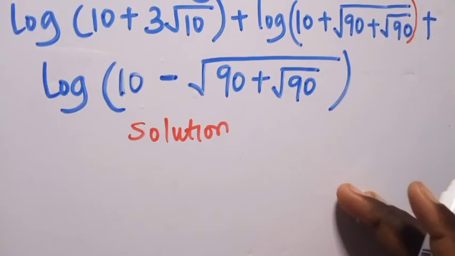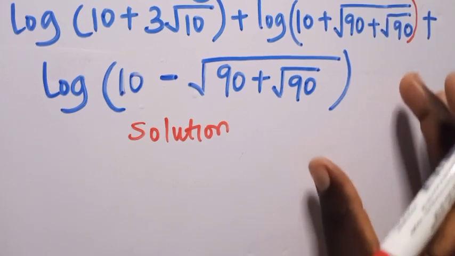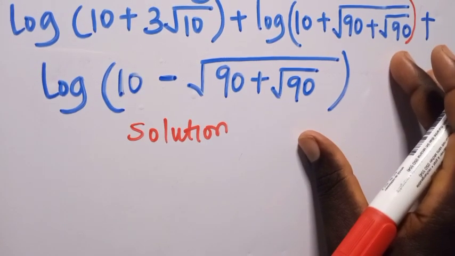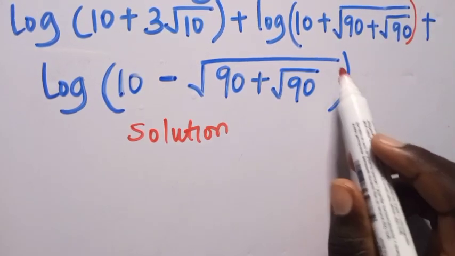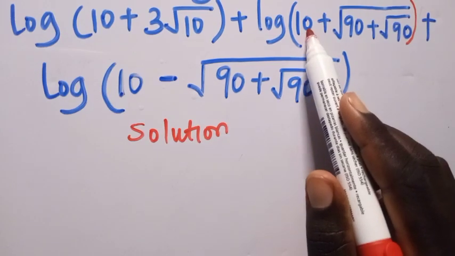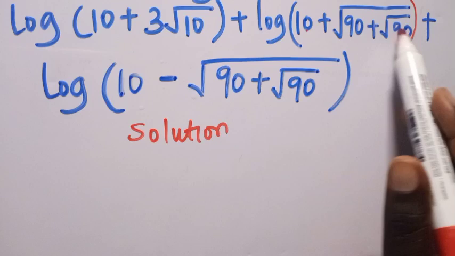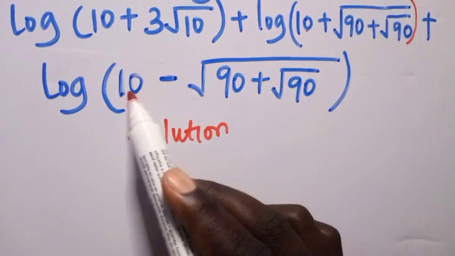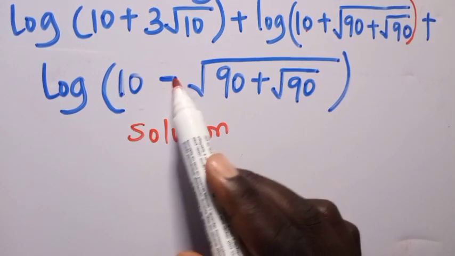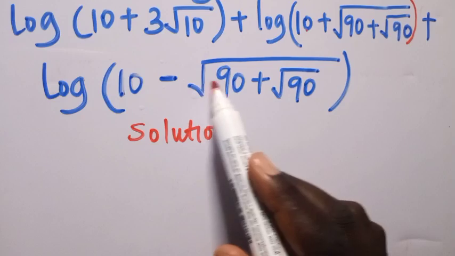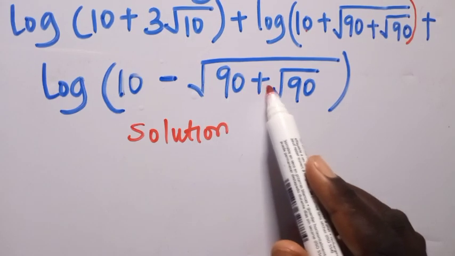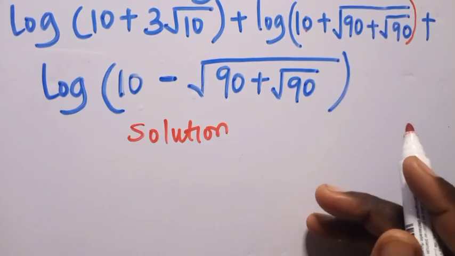Having a look at this logarithmic expression keenly, we have 10 plus the square root of 90 plus root 90, and we also have 10 minus the square root of 90 plus root 90.